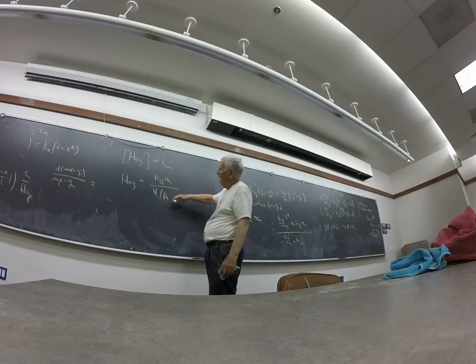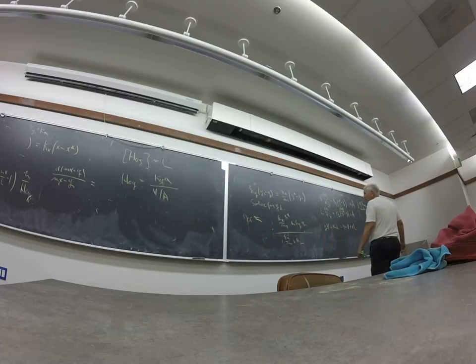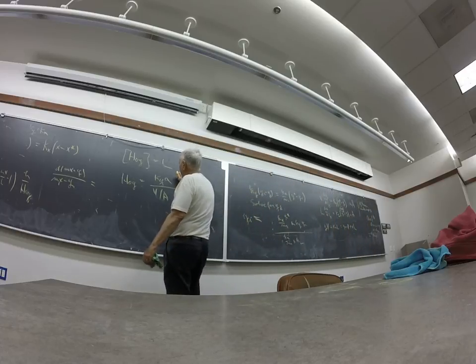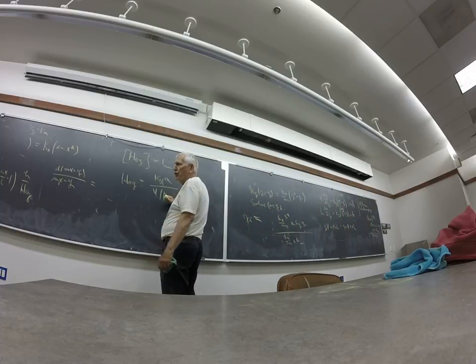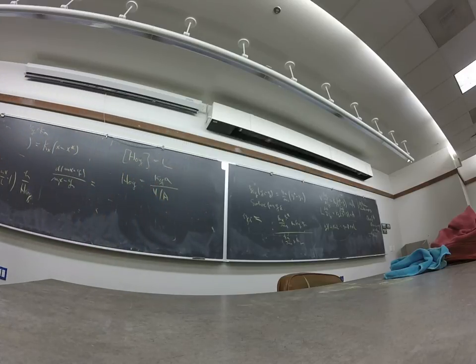Whenever you've got a long time in the column and a high rate of mass transfer, you should expect a small column height. Whenever you've got a slow rate of mass transfer and you've got not much time in the column, you should expect not much separation. So this thing has an interpretation.